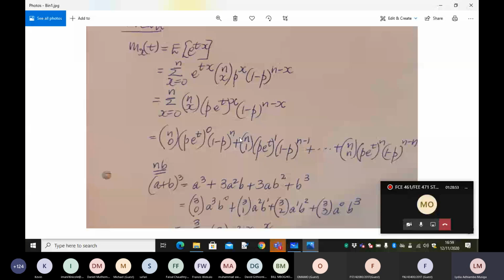When x takes value 1, we have n combination 1, p, e raised to t, and the whole bracket is raised to 1, and then we have 1 minus p raised to n minus 1, and this continues until we reach the last value for n. So we shall have n combination n, pe raised to t, and the bracket is raised to n because now x is taking value n, and then 1 minus p raised to n minus n.